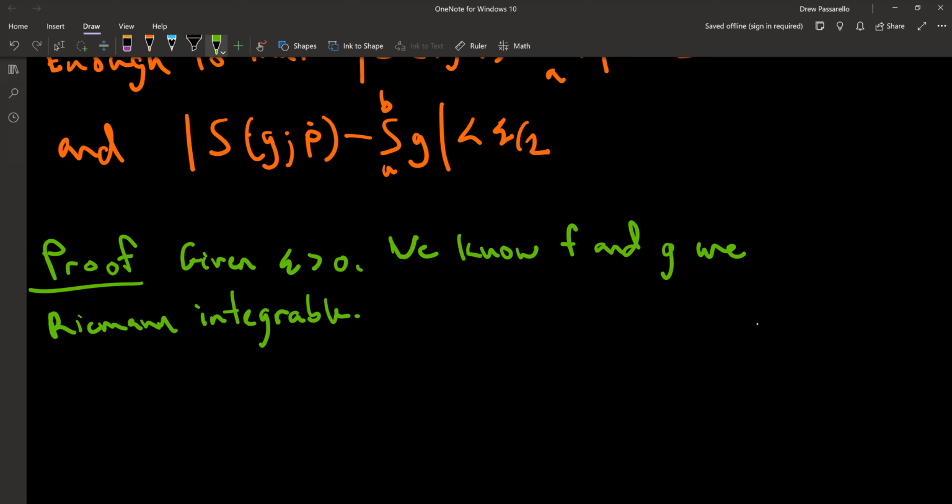So we can find the delta, and I'm calling it delta with subscript epsilon over 2.